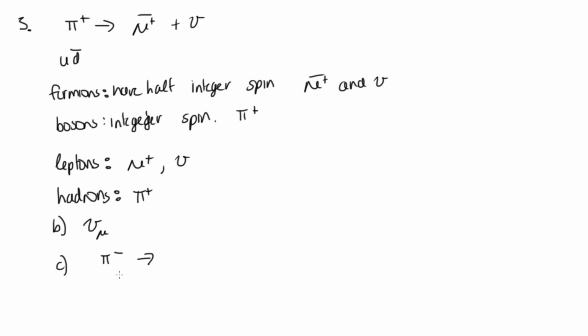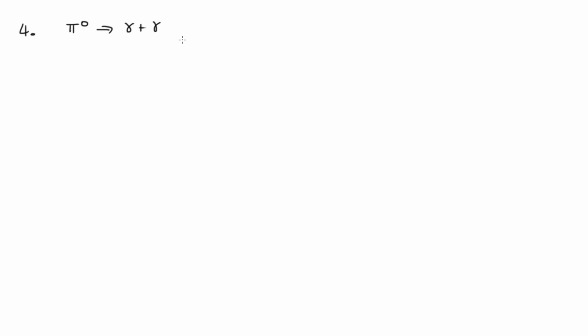Okay, this is problem 4, and we're told that a neutral pion decays into 2 photons, so gamma plus gamma, and the rest mass of the pion is equal to 134.976 mega electron volts on c squared.